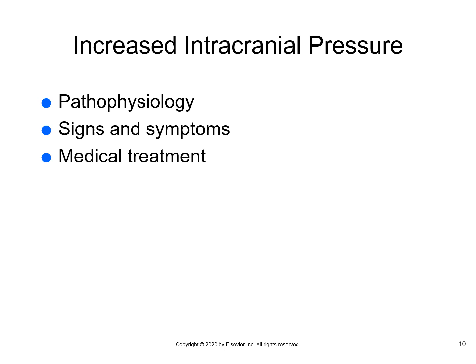Okay, another thing to remember for your increased ICP, there is what we call Cushing's triad. What is Cushing's triad? This is widening pulse pressure, bradycardia, and hypertension. Again, it's widening pulse pressure, bradycardia, and hypertension.